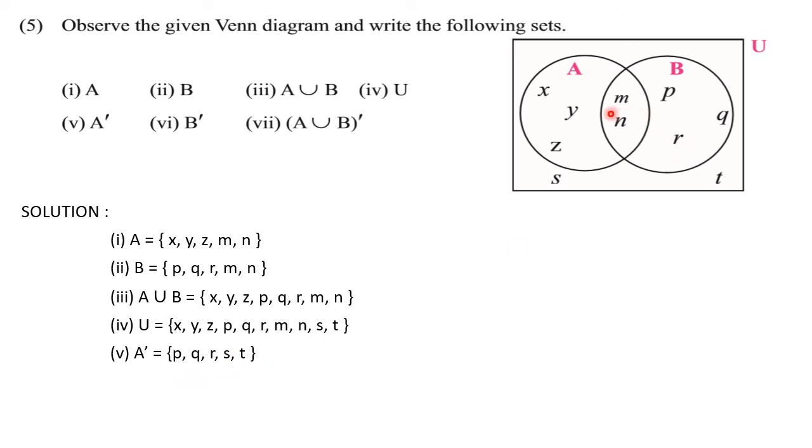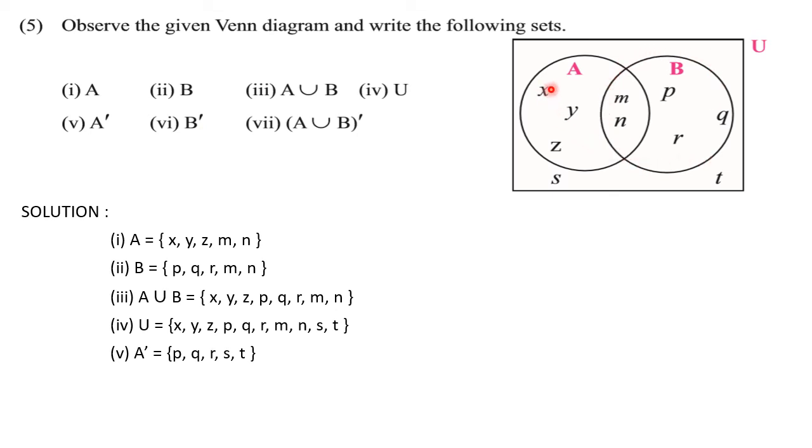Or you can see here, you ignore this circle A and the remaining elements you write down, that will give you A complement. Okay, the elements which are not present in the set A, so the remaining elements which are outside set A, they are P, Q, R, S, T, that is your A complement. Similarly, you can write down B complement, so you will not take this circle.